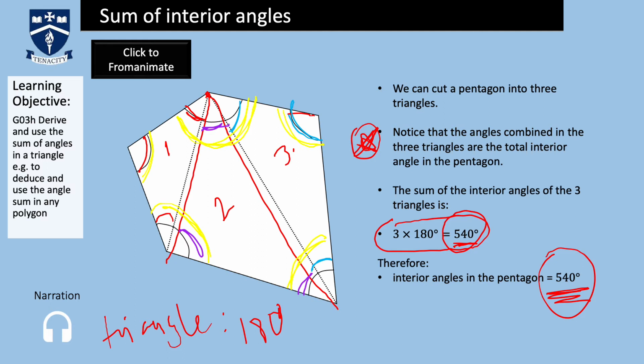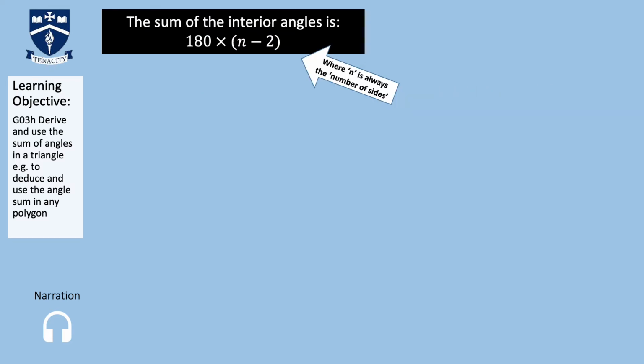What do you notice about the number of sides in this pentagon and the number of triangles we have? Something you may have noticed is the number of sides in the polygon was 5, the triangles we made was 3. Okay, so the number of triangles we made was 2 less than the number of sides.